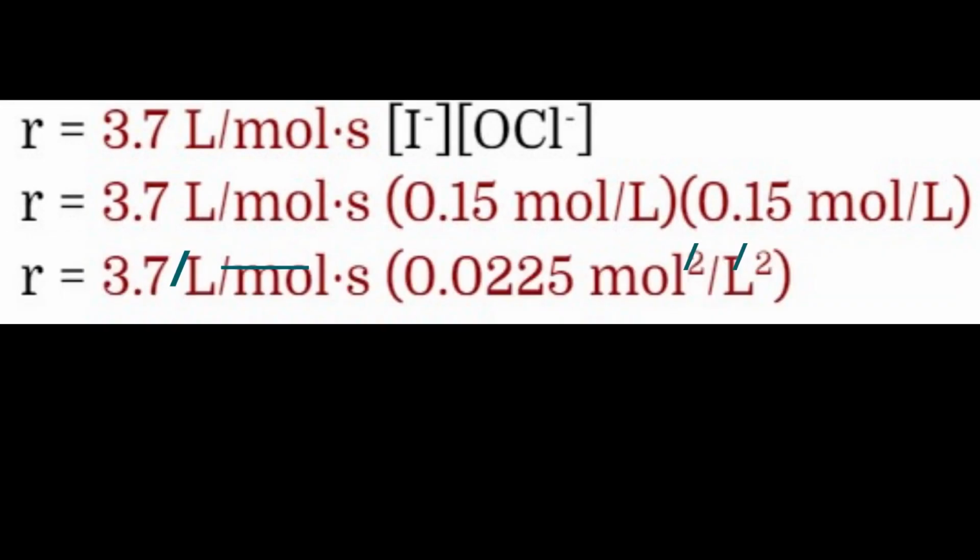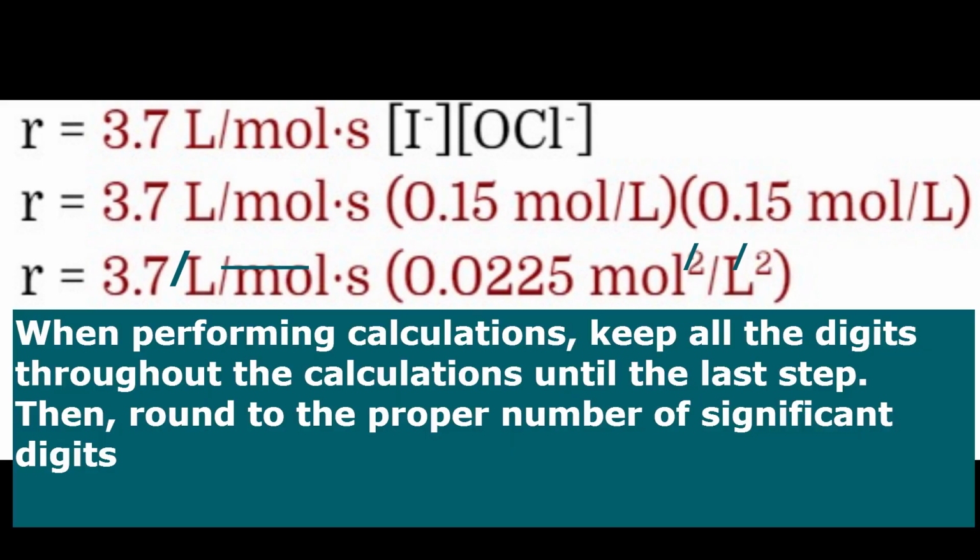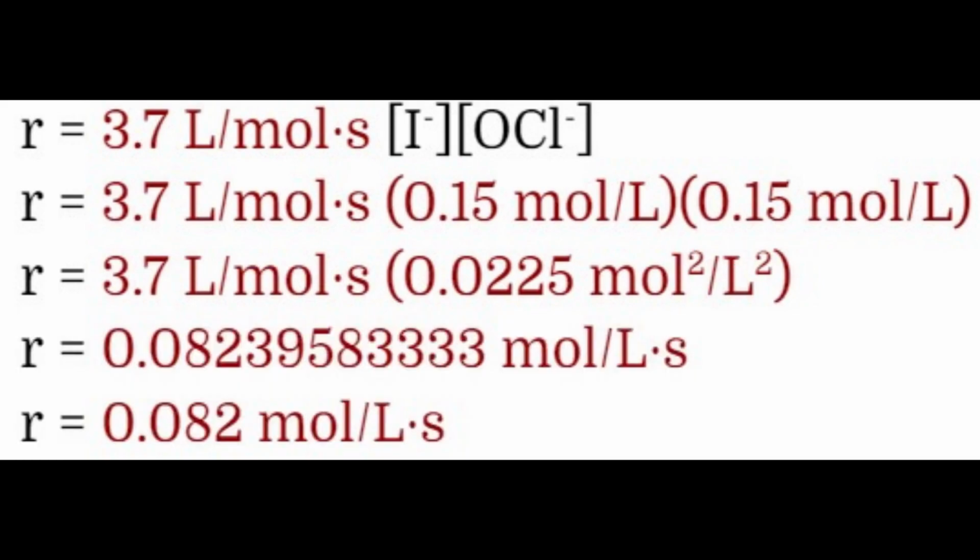Cancel out this one and this one with this one, and you're going to be left with, use 3.66203 7037. Use the same number that you had from before. Don't round it when you do these questions. 0.0823959. Right. So 0.082.